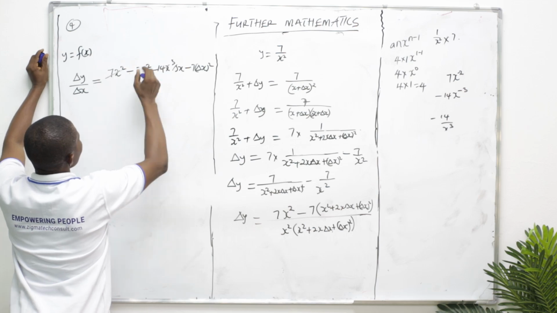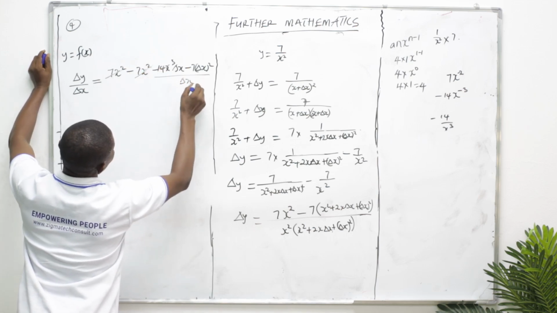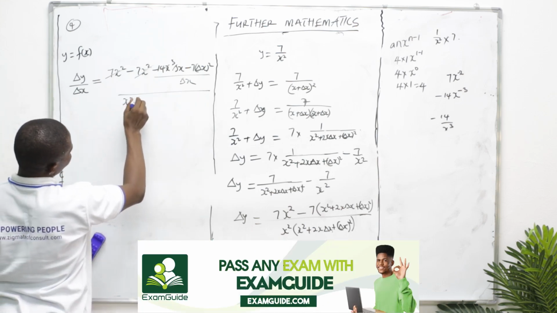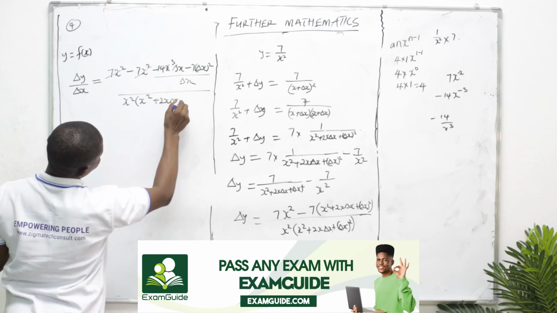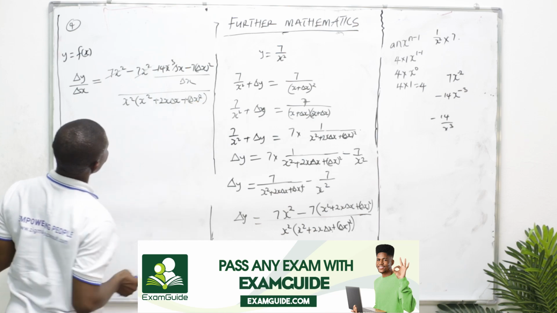Okay, so this guy can take care of this guy. So we now divide changing s all over the denominator s squared into s squared plus 2s changing s plus changing s all squared.